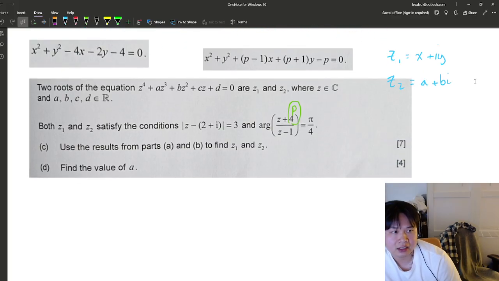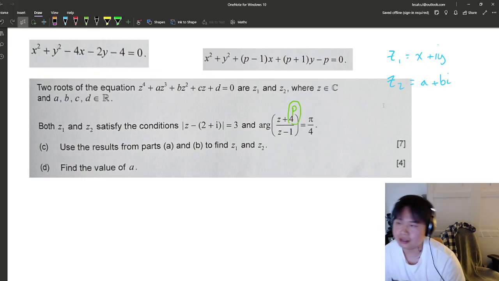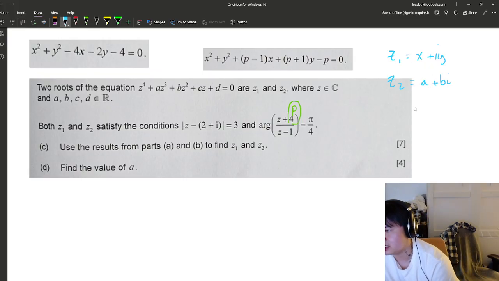Okay, write this in Cartesian form. Put all of these into both A's and B's. Let's see what we get. Okay, so for Z1, we got x squared plus y squared minus 4x minus 2y minus 4 equals 0.